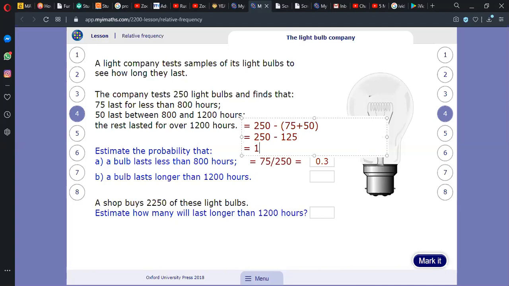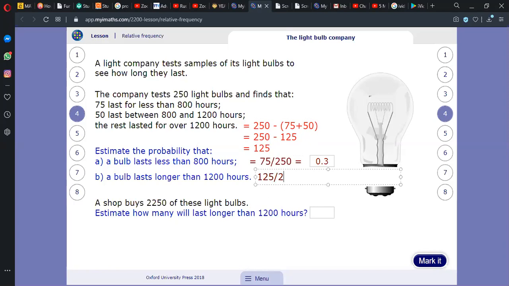So for the next question, our calculation is going to show us 125, because that is the number of successful trials for over 1,200 hours of lasting bulbs.